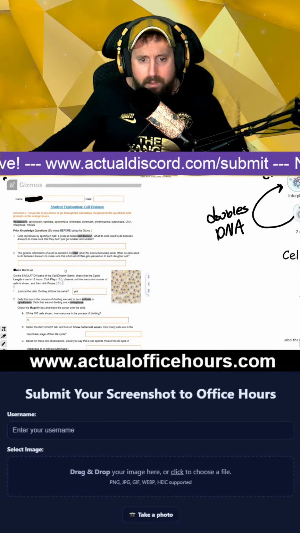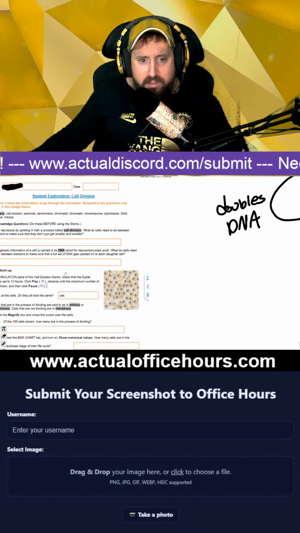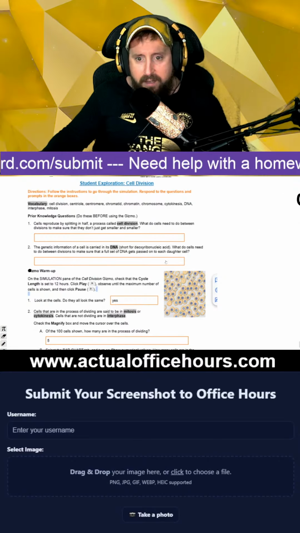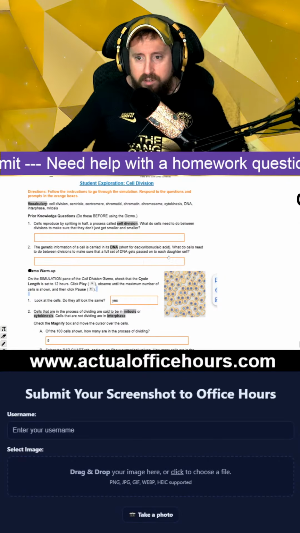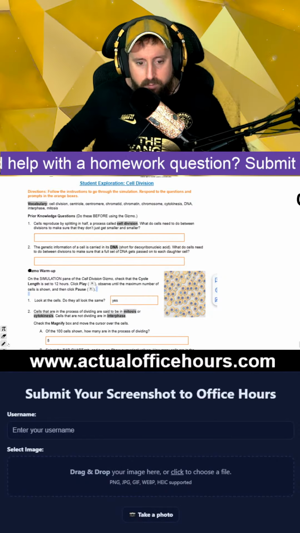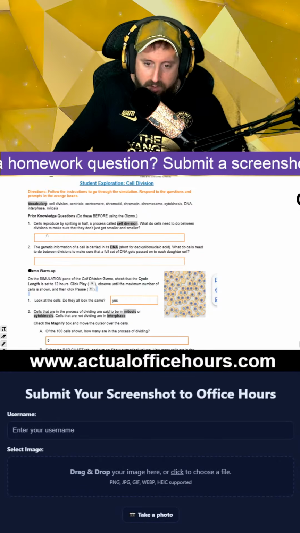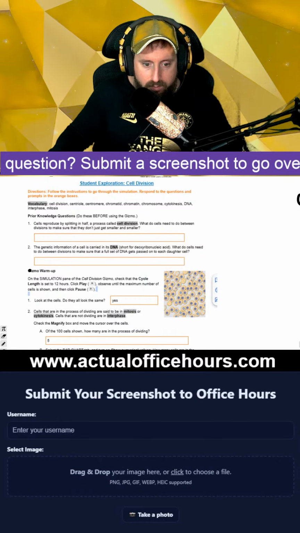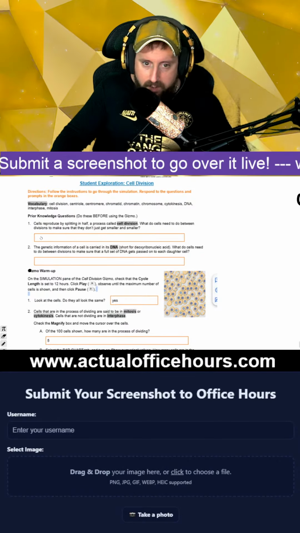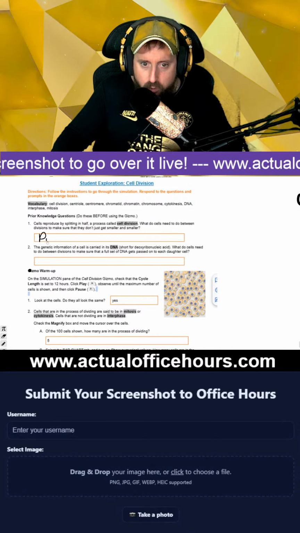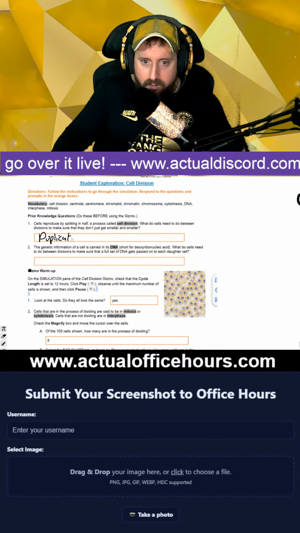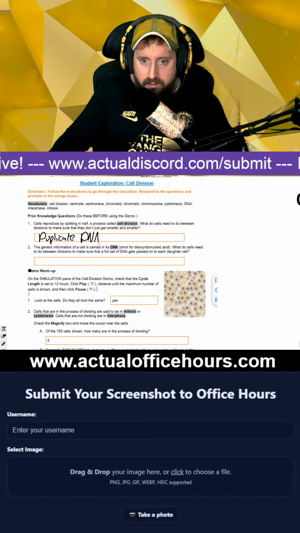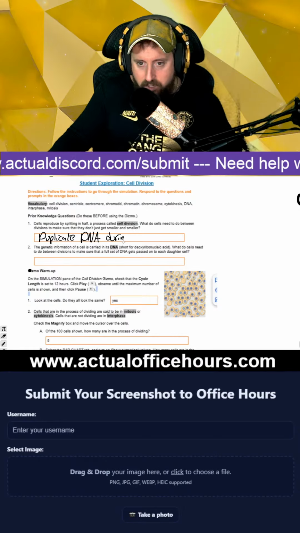So, if they say cells reproduce by splitting in half, called cell division, what do cells need to do between divisions to make sure they don't get smaller and smaller? You could say interphase. I would say they need to duplicate the DNA during interphase.